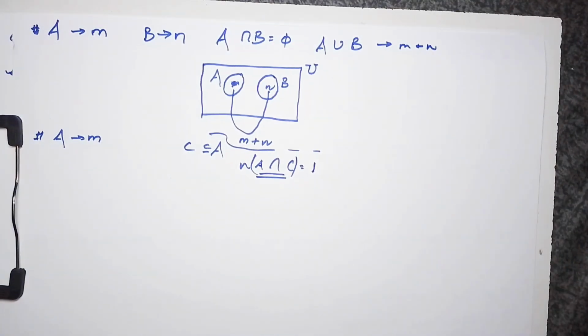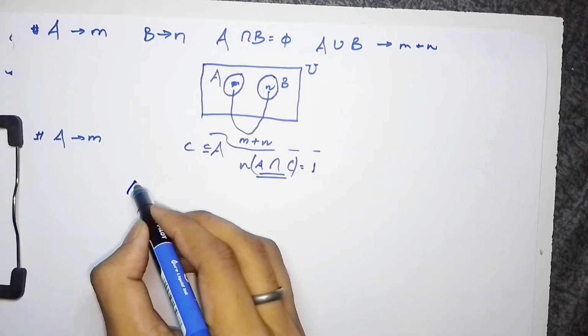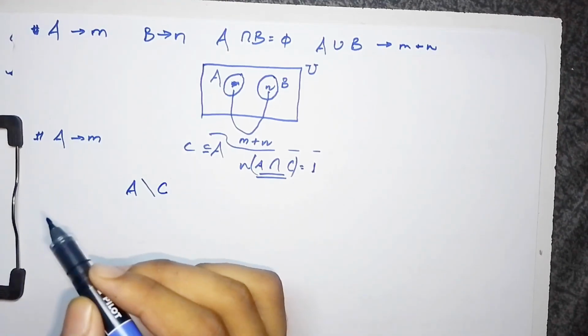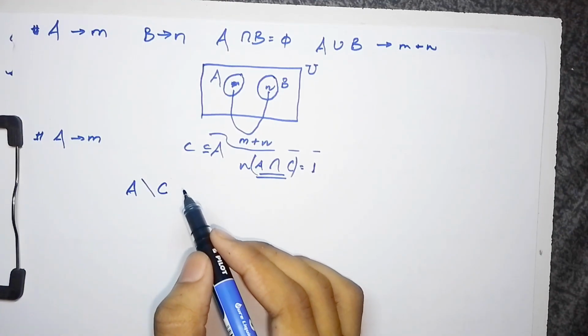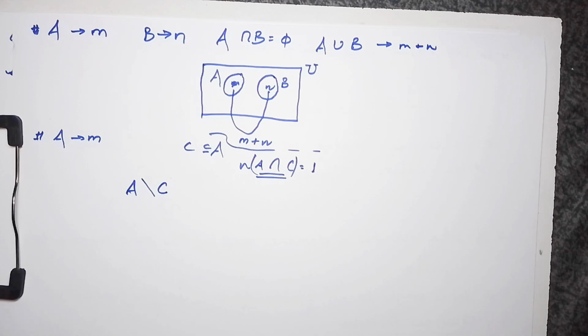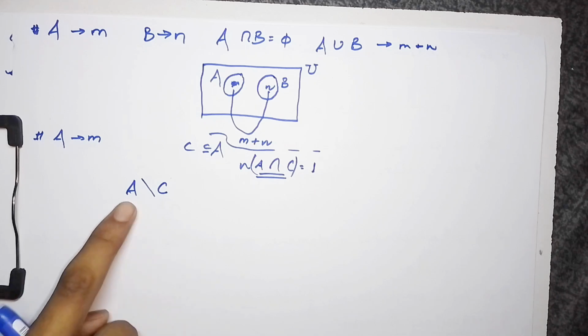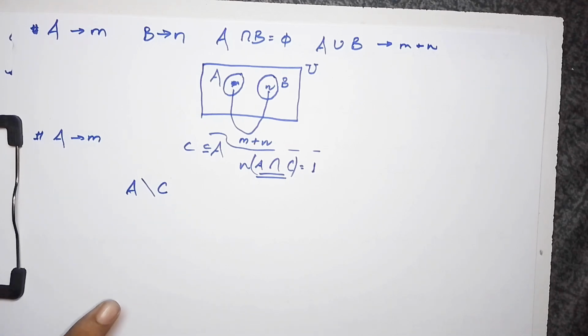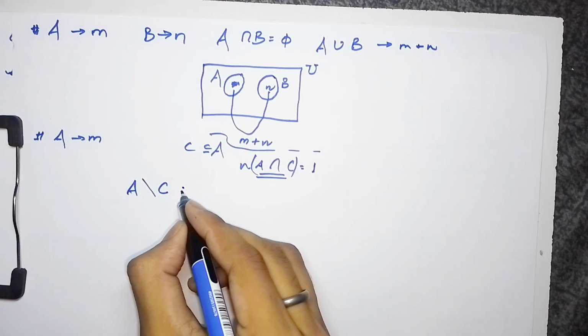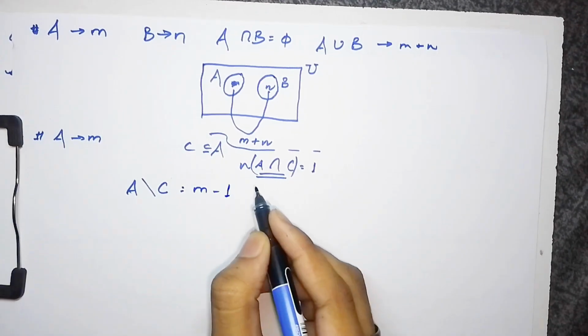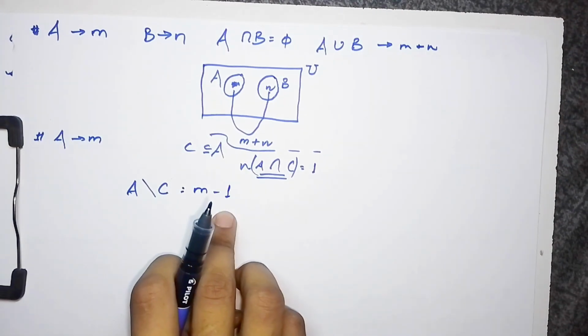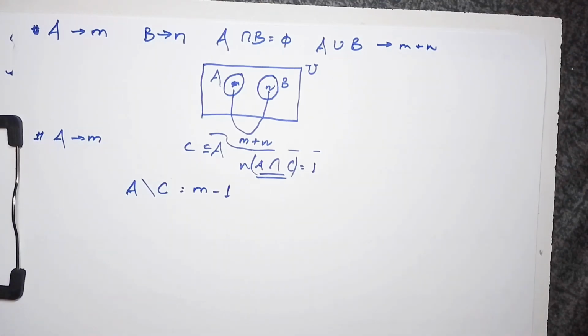So if you are asked what would be the number of elements that A minus C, or A complement C, will have, A minus C will have m minus 1 elements. I hope that it's very simple to understand why this is happening. We have also done it in the earlier videos in which we understood the complement of a set. I hope that it's clear till now.